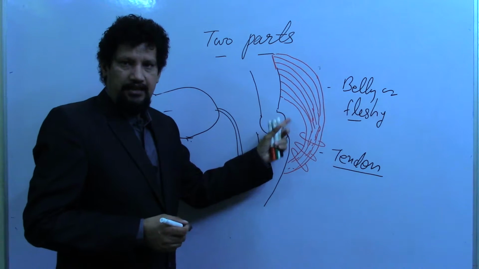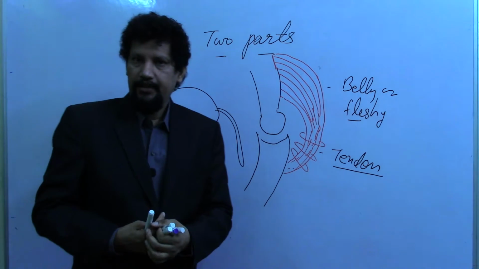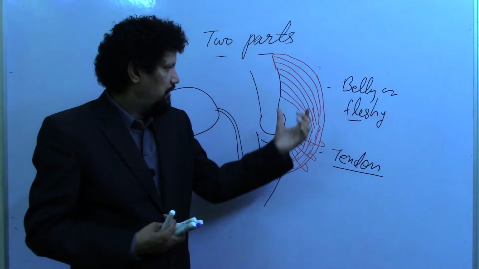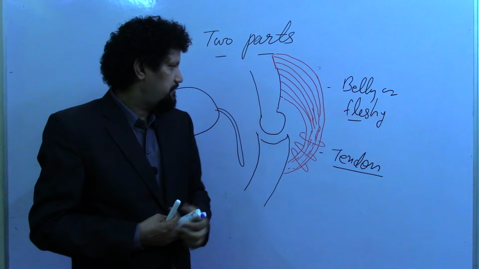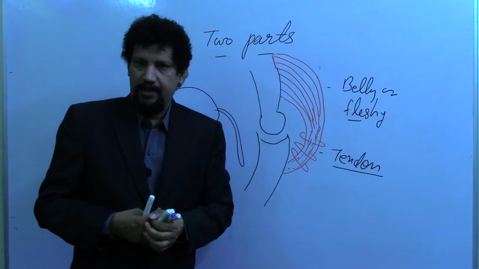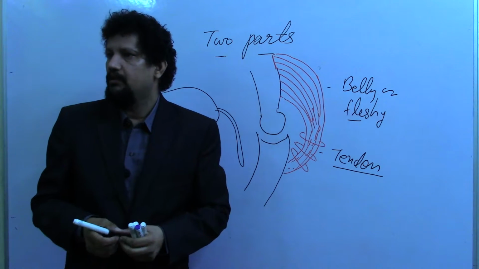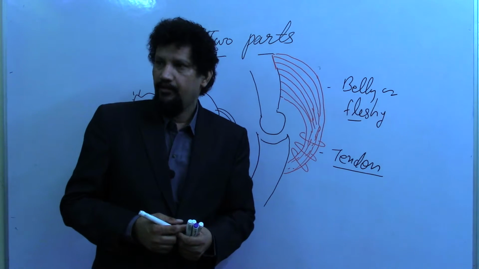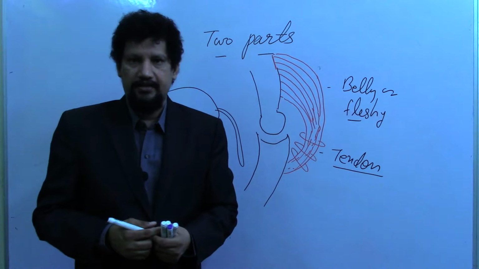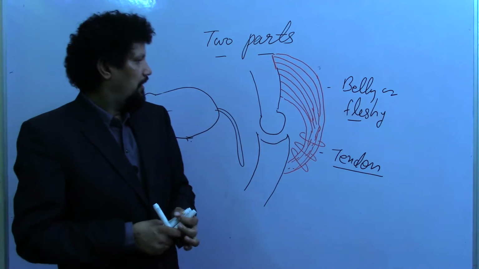In my last lecture, hopefully you have already seen this part is having the contraction part and contractile proteins, actin, myosin, tropomyosin and troponin, forming the thick filaments and the thin filaments.